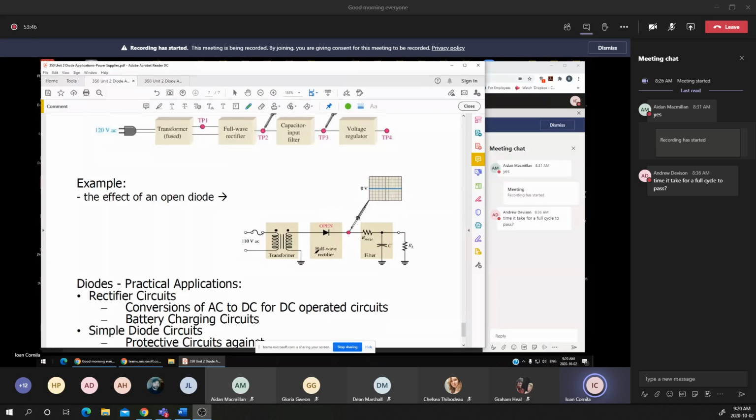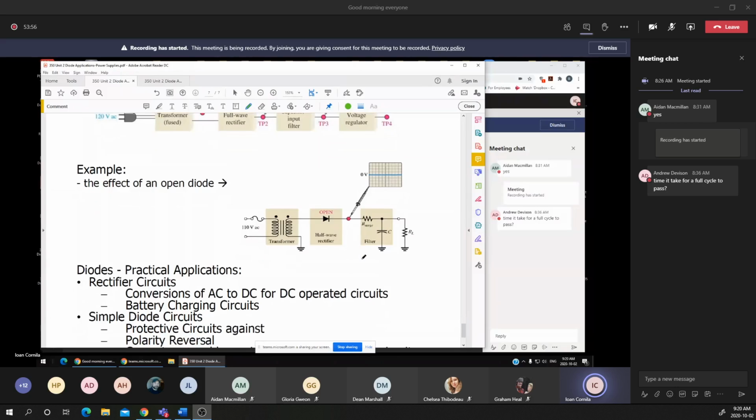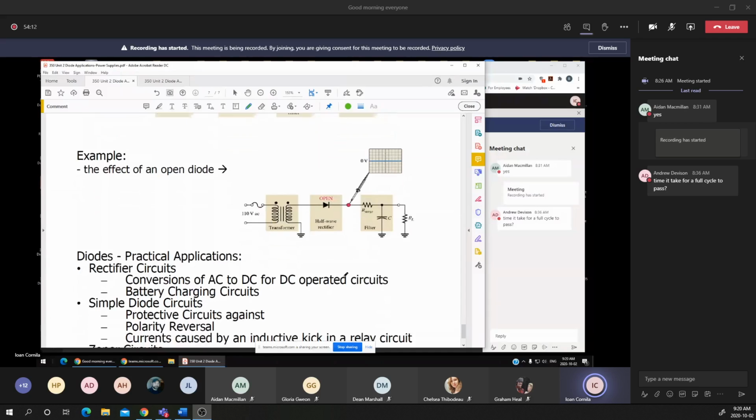Now, we mentioned that we may have two different cases. We may have a short circuit or an open circuit for a faulty diode. We may end up having a sine wave form at this point, or in this example, we may have a straight line, which indicates that there is no voltage at the end or the cathode of the diode.